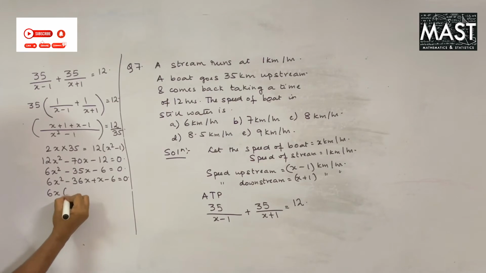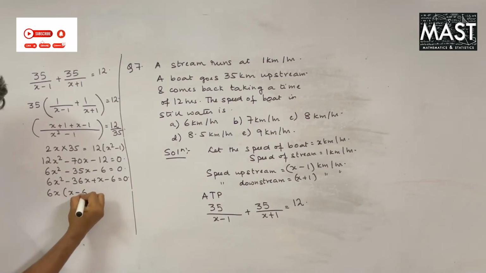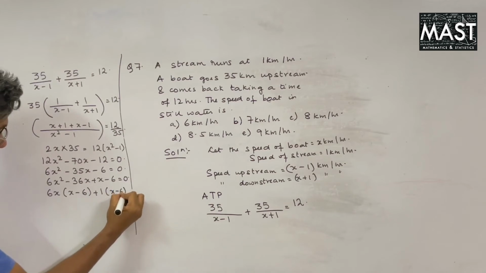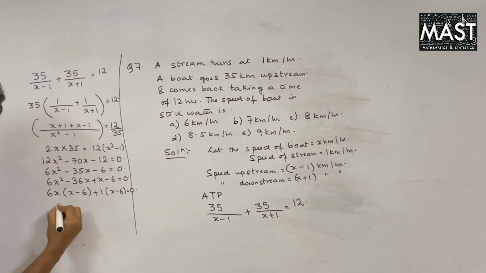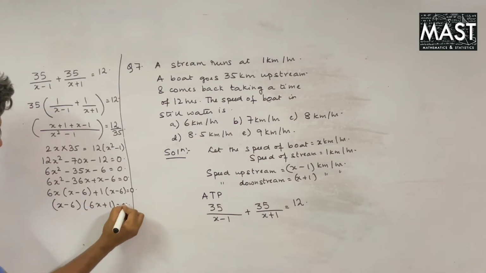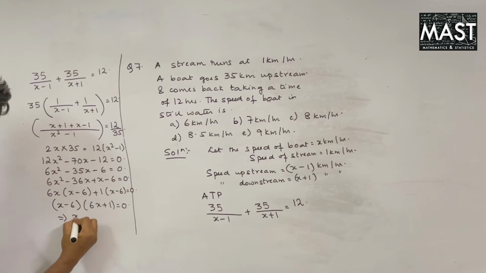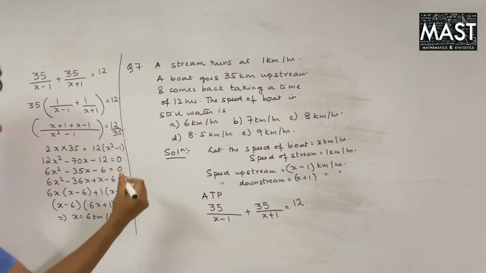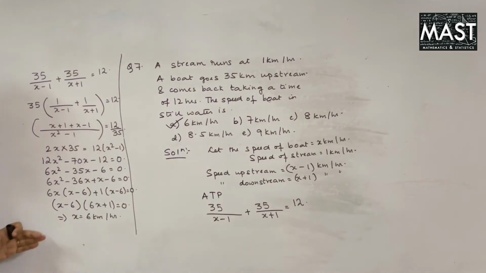If we take 6x common, 6x(x − 6) + 1(x − 6) = 0, or from here we will get (x − 6)(6x + 1) = 0, so the value of x is 6 km per hour, which is option A. So my final answer would be 6 km per hour, or option A.